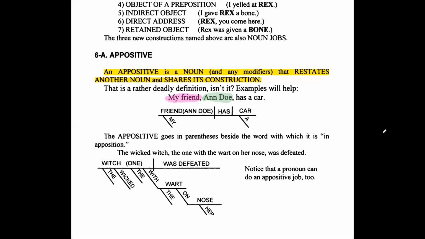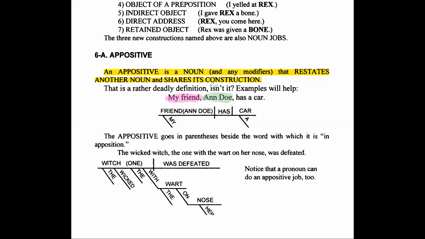Or if I said, the messenger of God, comma, Muhammad, comma, received revelation, Muhammad there would be the appositive. So Ando here in our example, my friend Ando, restates the noun friend, right? My is modifying it. So an appositive is a noun, and any modifiers, that restates another noun. So they restate it and share its construction.